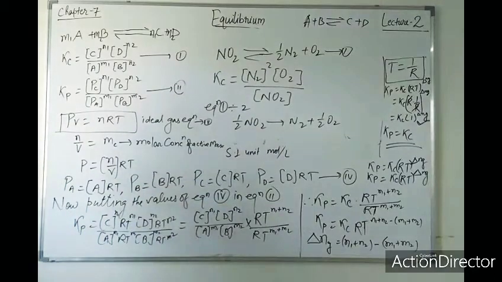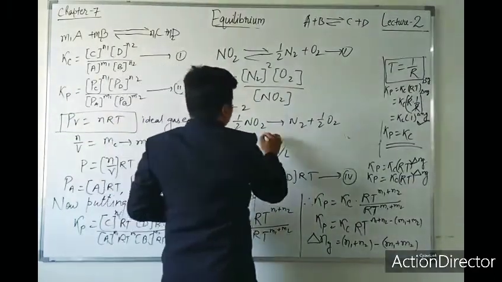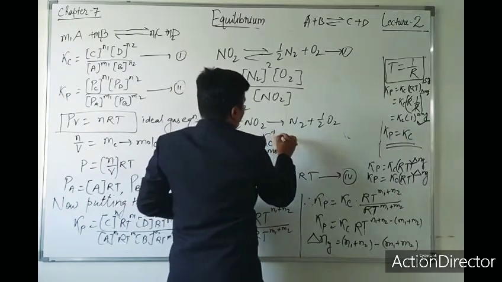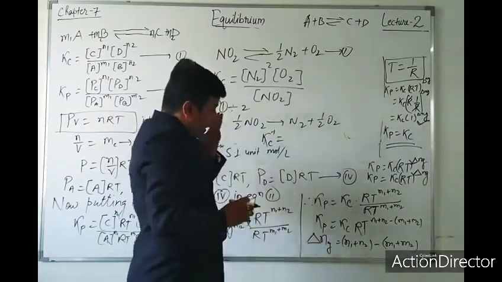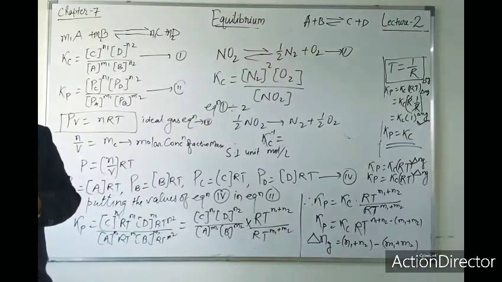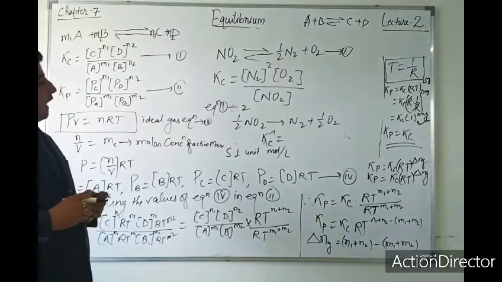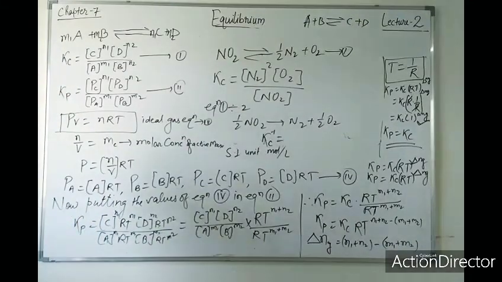The reaction will be like this, and here Kc will be that product. Here you can see N2 is there, right? Product N2 is there, and here N2 to the power half.